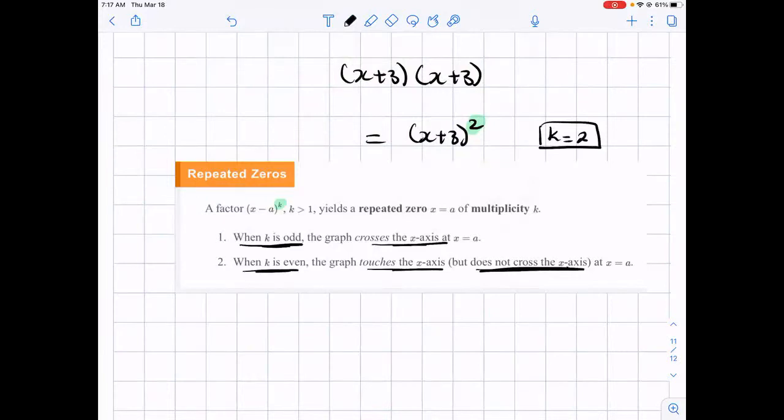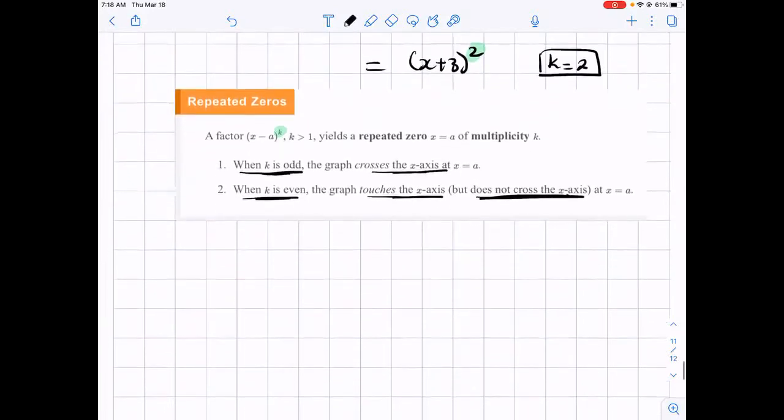Those are things we'll be looking at. We're looking for little hints so we can become very proficient at graphing polynomial functions. By finding the x-intercepts or the zeros, and by looking at the end behavior, we already know how the graph will look at the ends.